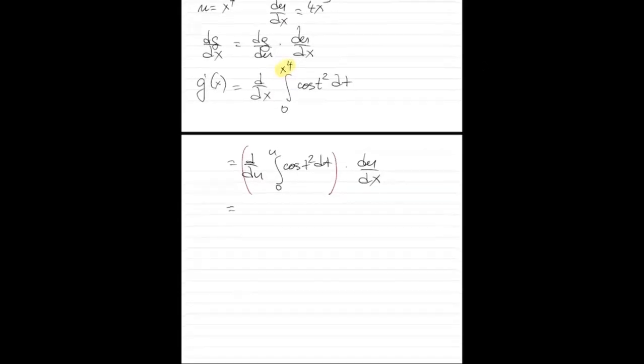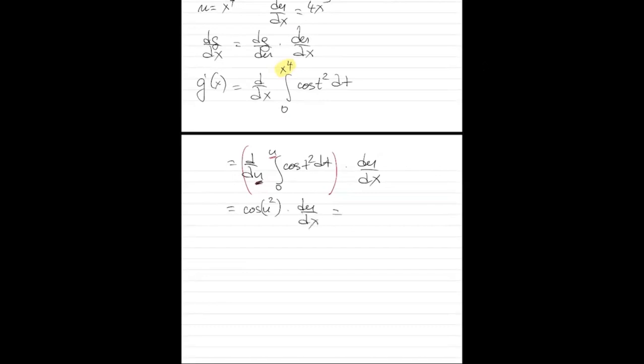So now this part over here matches exactly our fundamental theorem of calculus part 1, where this u matches with this u. So we can cancel the integration and differentiation. That is going to be cosine, but in terms of u. That's very important. If you have u here, the function goes in terms of u. So cosine of u squared, and then I have du dx.